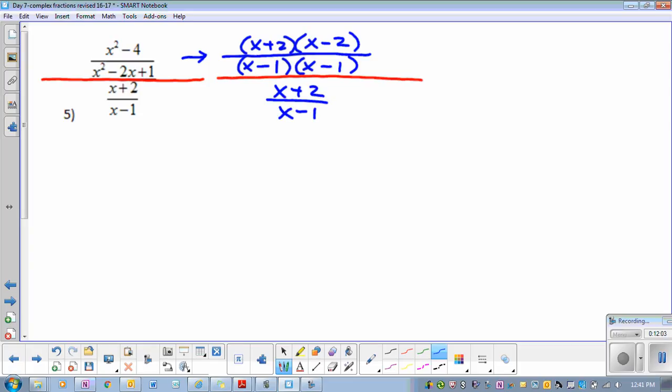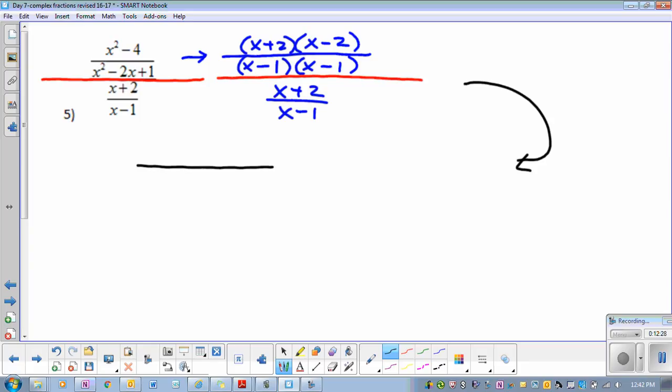Right? Just copying the whole problem over, but I still need to simplify my numerator. So my numerator, what can I cancel out? Anything? No. Okay. Well then, now I need to take this, move it down here. I'm going to write it out the long way.